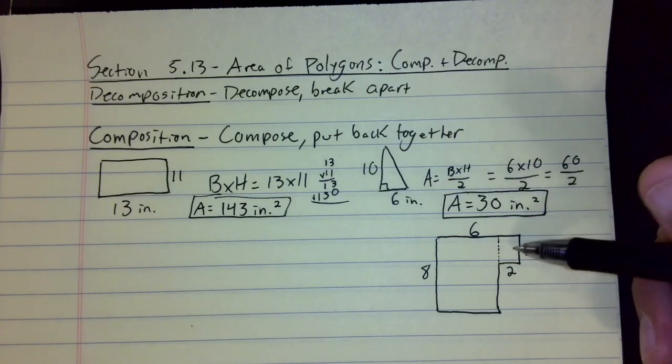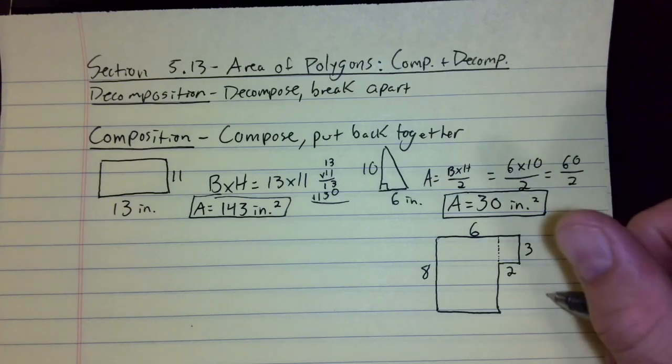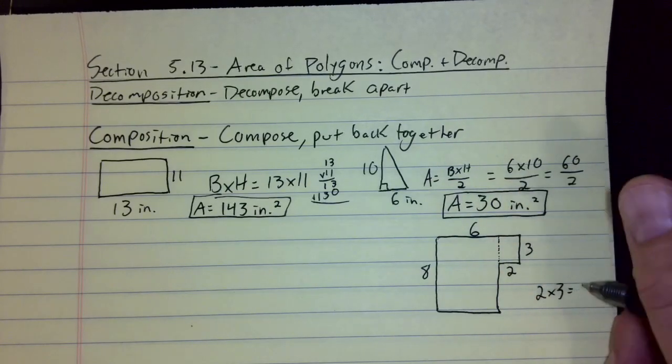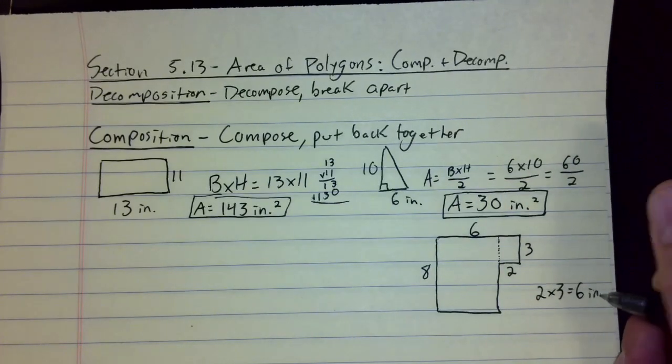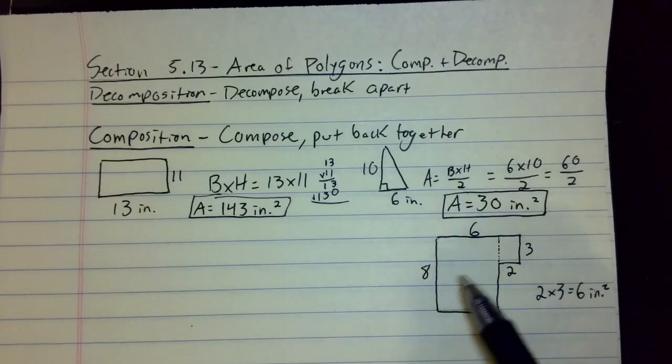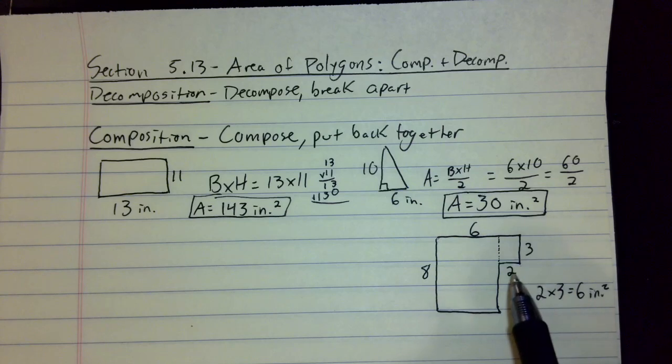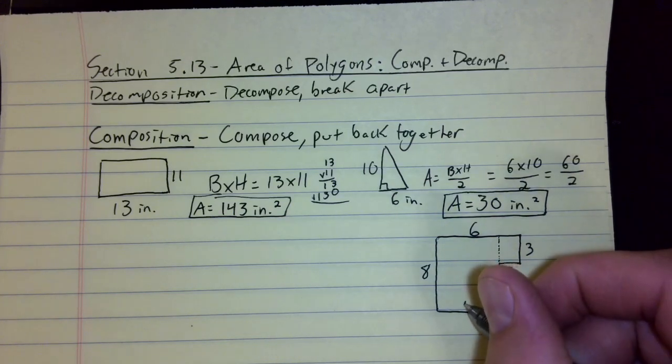Here we know this makes a square. 2 times 3 gives you 6 inches. We'll say these are in inches. This whole entire side is 6, but this part is a little bit smaller, so this is where it ends. We take 6 minus 2, and that gives us 4.